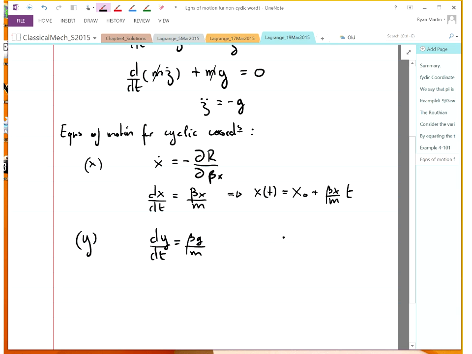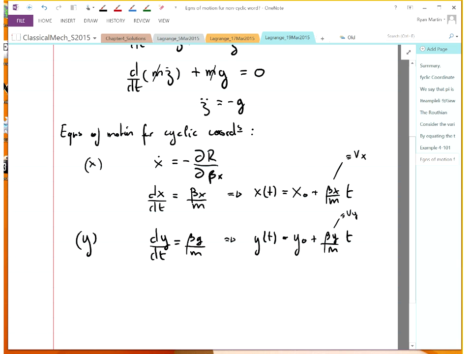And the same with y of t. Of course, that's exactly what you expect, right? Beta x over m, that's just the same as dx, because beta x is the value that the momentum in the x direction has, so that divided by m is the constant speed v. And that beta y over m is equal to vy for the same.